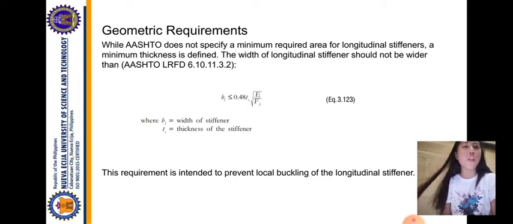The width of longitudinal stiffeners should not be wider than b sub L less than or equal to 0.48 t sub s multiplied by the square root of E all over Fy, where b sub L is equal to the width of the stiffener and t sub s is the thickness of the stiffener. This requirement is intended to prevent local buckling of the longitudinal stiffener.